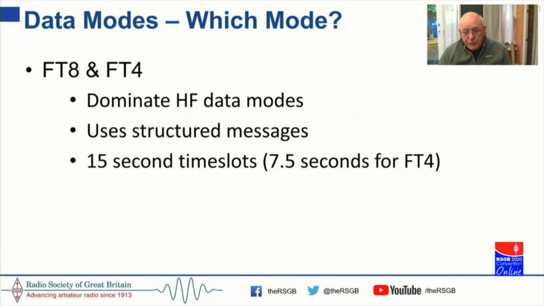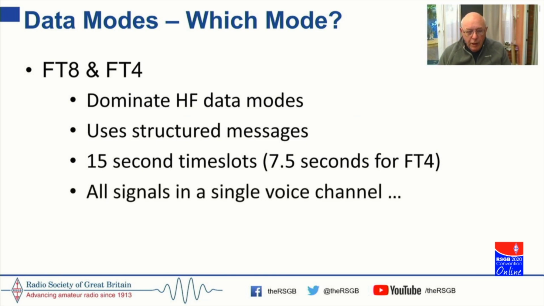messages. The time slots are 15 seconds for FT8, so it's 15 seconds transmit, 15 seconds receive, 15 seconds transmit, and so on. For FT4, which is designed to be a faster system, it's half that, so it's only 7.5 seconds. All signals are contained in a single SSB voice channel.